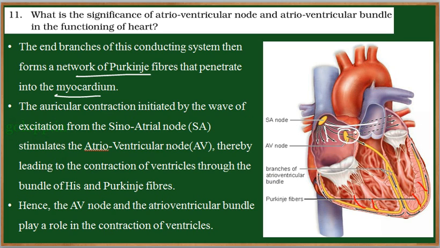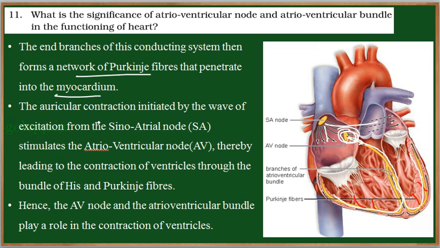Until these two chambers complete their contraction, the impulses received by the AV node will be stored in it. Once they complete their contraction, the impulses will be released by the AV node and carried by the bundle of His and then the Purkinje fibers. Finally it reaches the ventricles, and the ventricles start contracting.